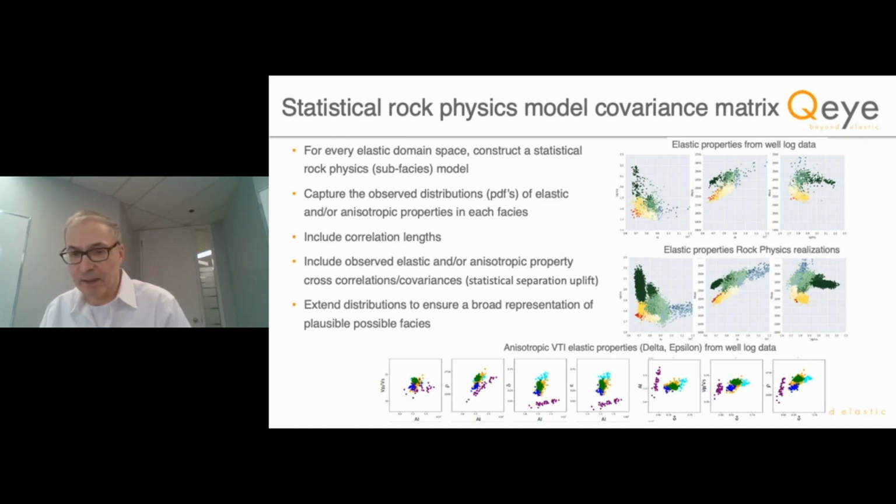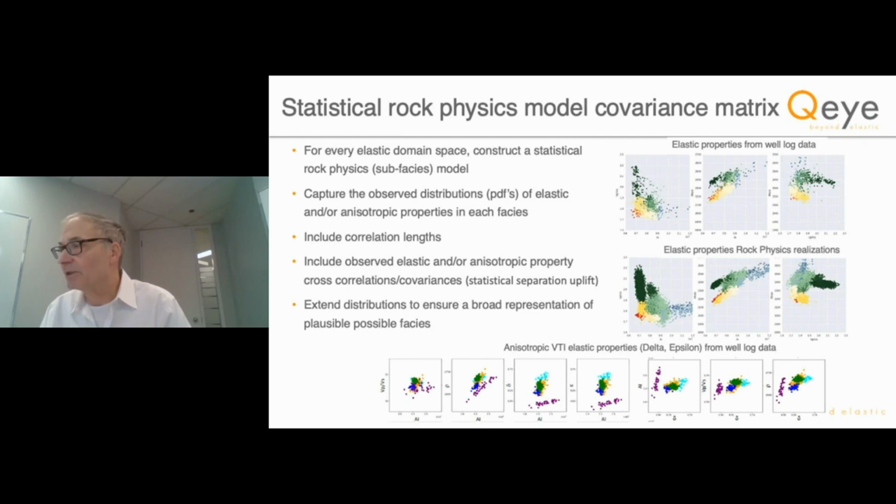Beyond that, we can incorporate anisotropic properties such as the ones on the bottom row. It's a similar kind of cross plot space, AI, VP/VS, AI density, but now we've included delta and epsilon.